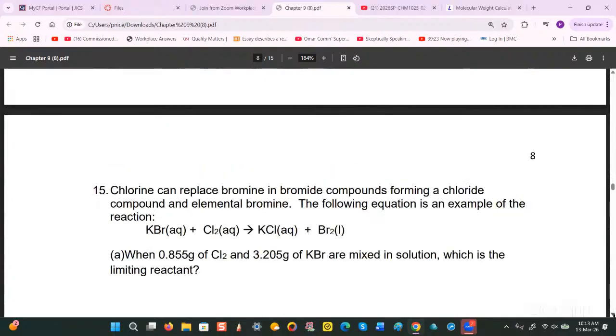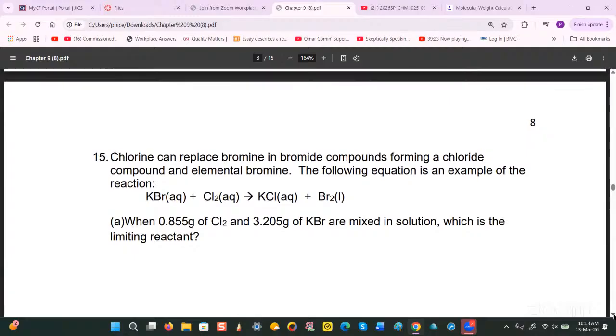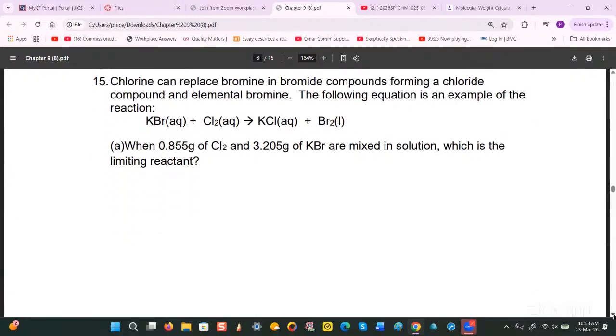Let me see what question number 15 says. Okay, now question number 15 is slightly more complicated, so let's focus on that. They gave you an equation which is not balanced, so we have to do that first. How would you balance this equation? 2-1-2-1, exactly.